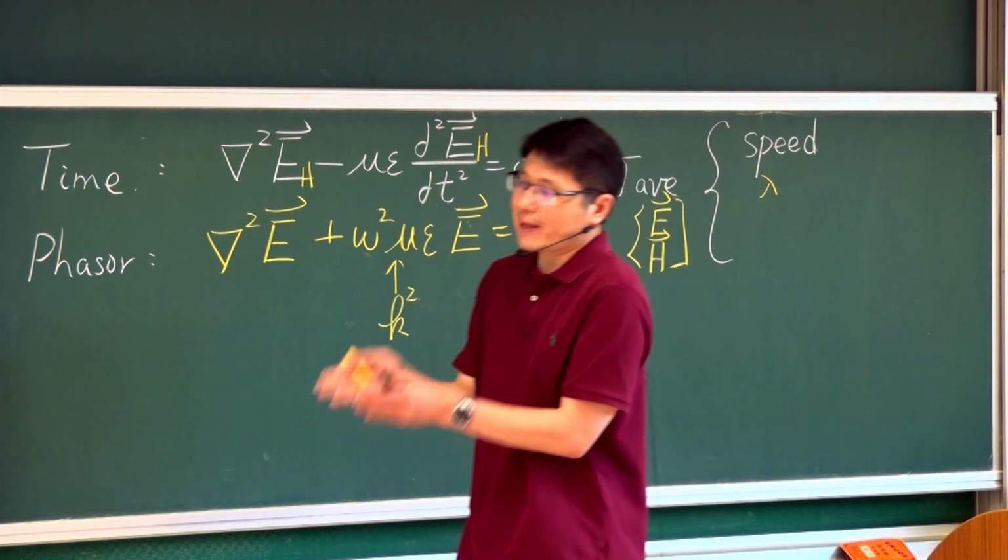And these two fields have the same effective wavelength. In other words, E field and the magnetic field, they co-propagate. They propagate together. Same speed, same direction, same wavelength.